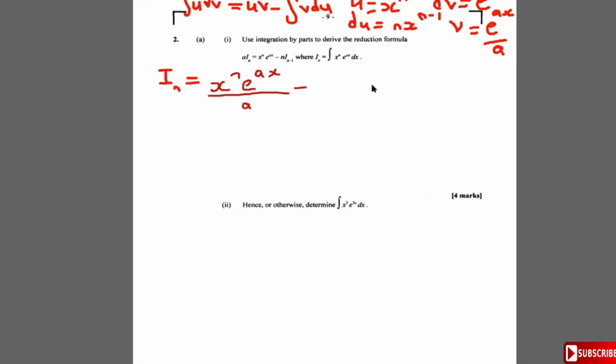V times du will be n. I'm going to factor out 1 over a, and I'm left with n times x to the n minus 1 times e to the ax dx.